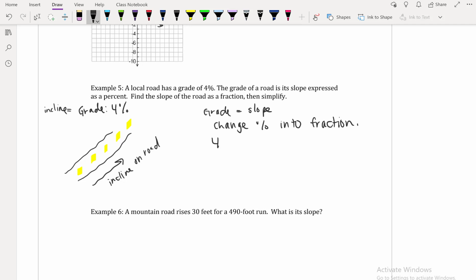If I have 4%, then you can think of that as 4 out of 100, because a percentage is always out of 100.